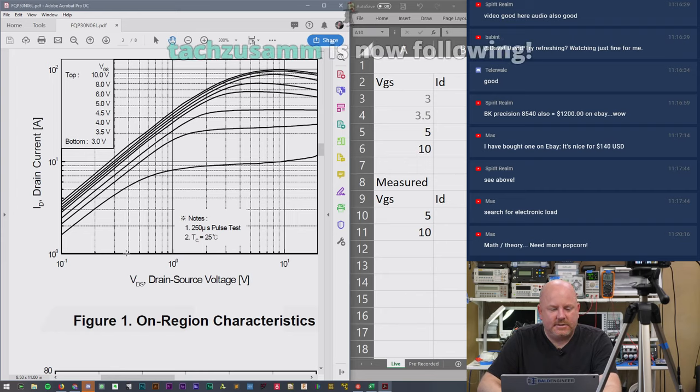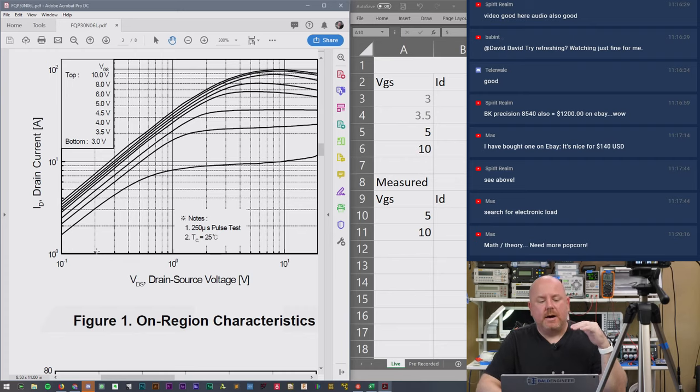This is telling us that it should be dropping 200, 300, 400 millivolts. But at that same 5 amps, if we had a VGS of 5 volts, we should be dropping somewhere in the neighborhood of 165 millivolts.